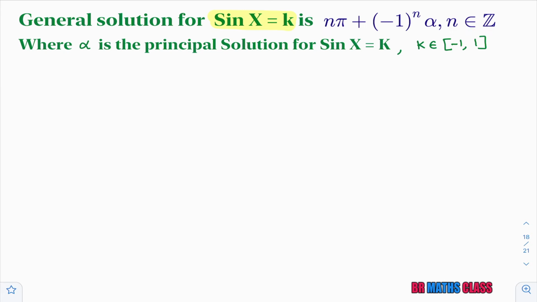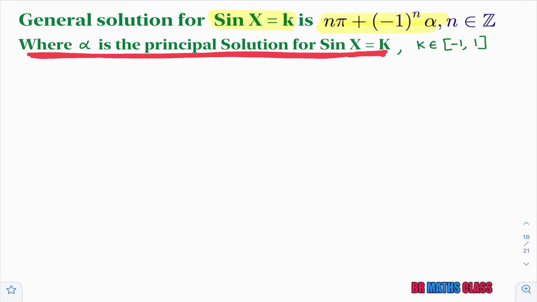You can see in this formula alpha is there. What is alpha in this formula? Observe, alpha is the principal solution for the equation sin x equal to k. What is principal solution of a trigonometric equation?